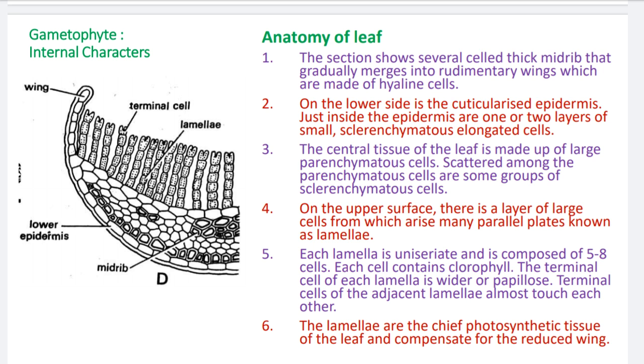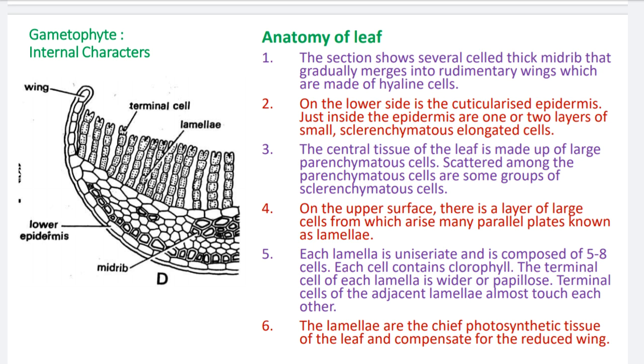You see in the diagram, the thick-walled cells are nothing but the sclerenchymatous cells. As sclerenchyma is a thick-walled mechanical tissue, this layer gives rigidity and strength to the leaf.